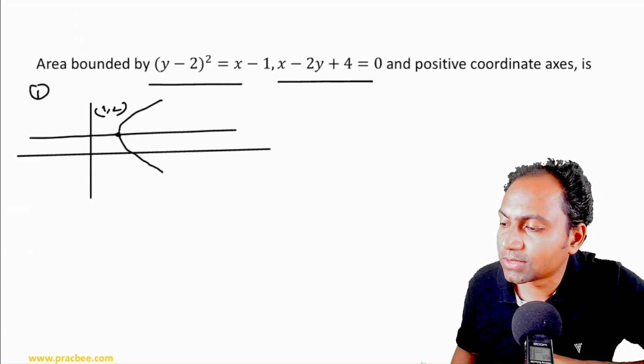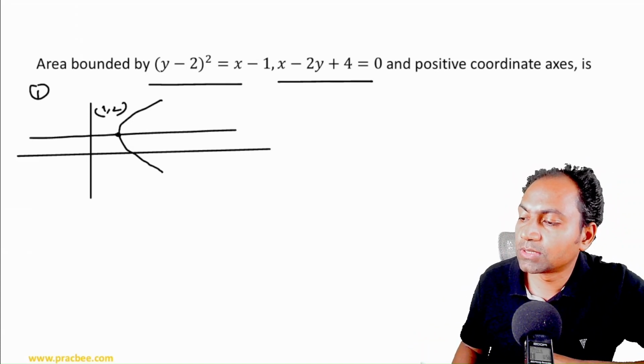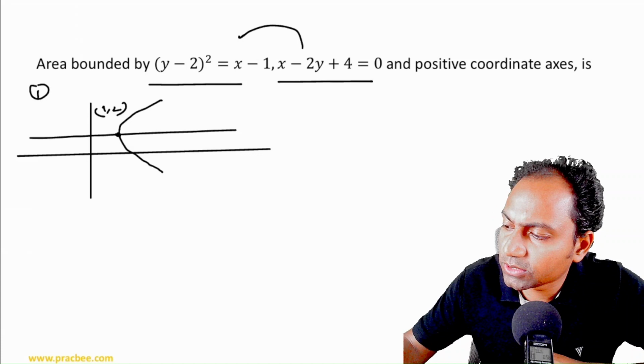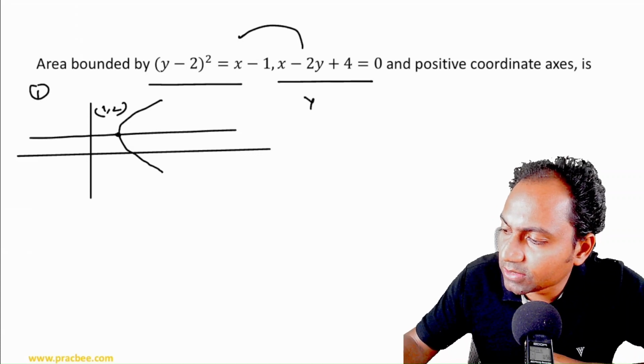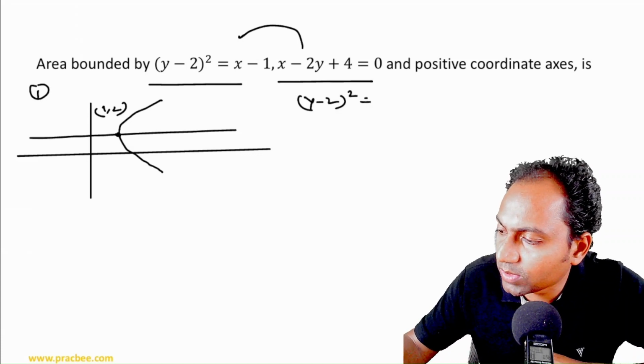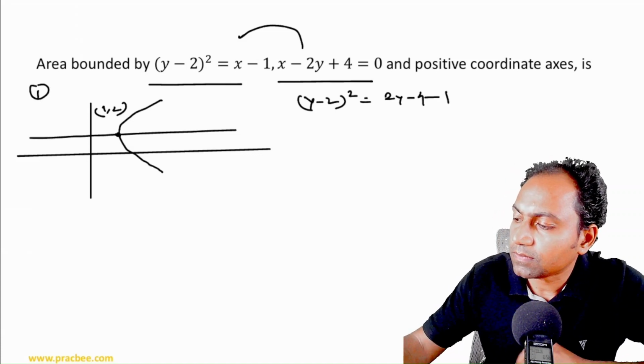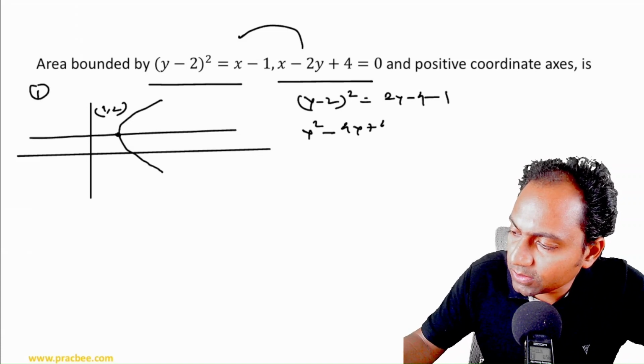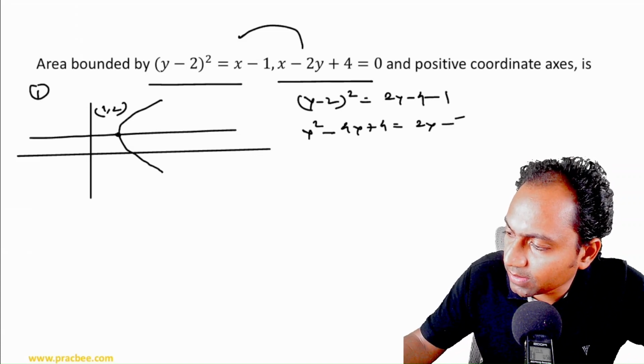So once you have drawn this, then we will draw this straight line. You can see that this straight line has a positive slope. And if I draw it, let us find first the point of intersection. So if I replace x here, this becomes y minus 2 whole square is equal to 2y minus 4 minus 1. And if I simplify, this is y square minus 4y plus 4 is equal to 2y minus 5.